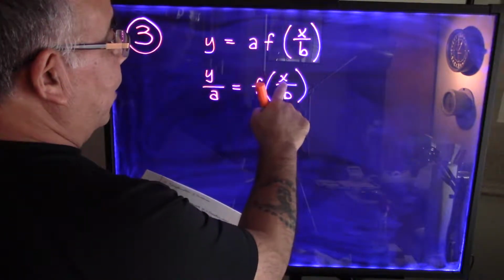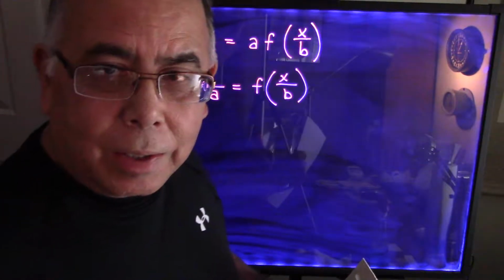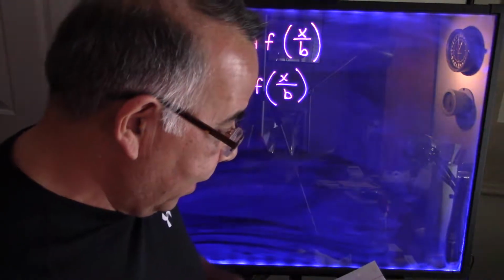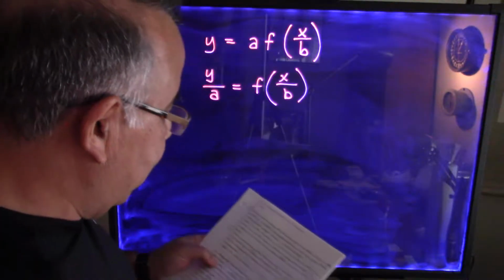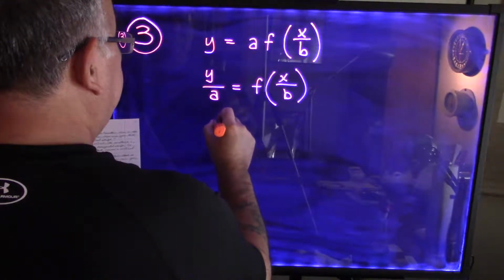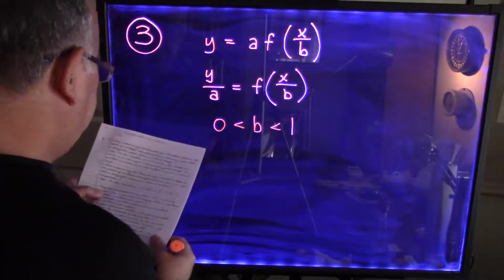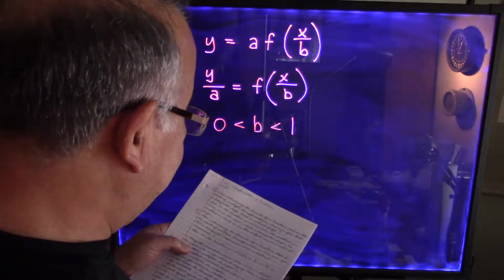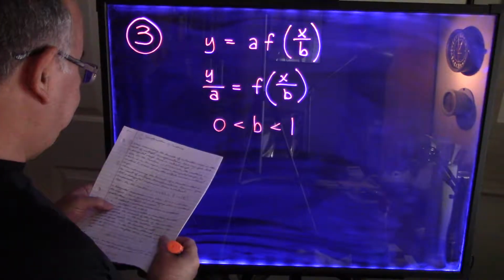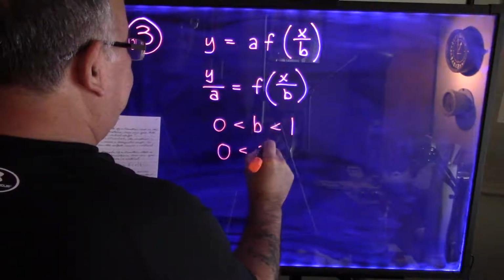The x-axis is horizontal, so that suggests a horizontal stretching or shrinking. Now if b is between 0 and 1, then it's going to be a horizontal compression. And a vertical compression occurs when a is between 0 and 1.